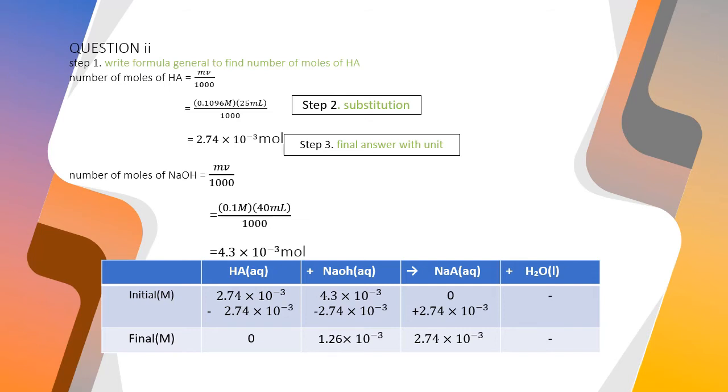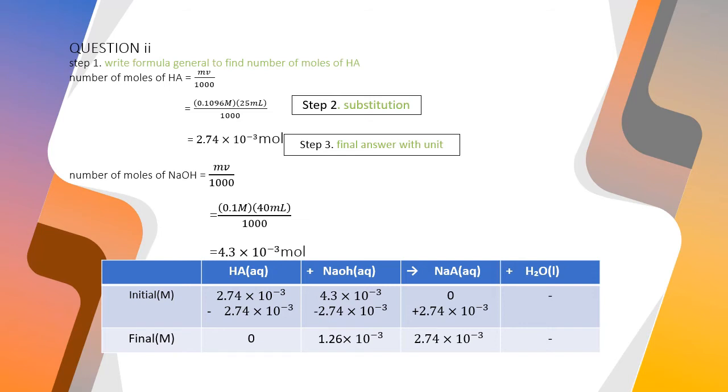So 2.74 times 10 to the power of negative 3 minus 2.74 times 10 to the power of negative 3 equals 0. And for NaOH, 4.3 times 10 to the power of negative 3 minus 2.74 times 10 to the power of negative 3, you have the answer 1.26 times 10 to the power of negative 3.